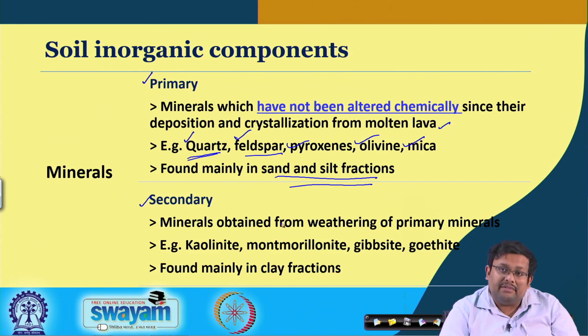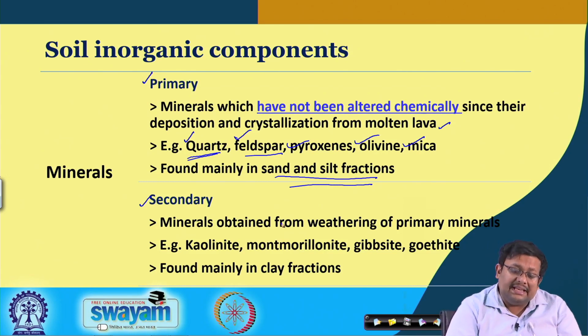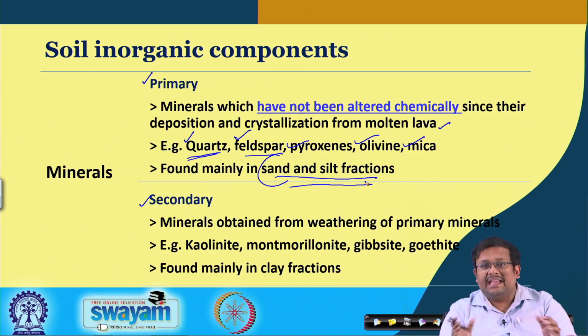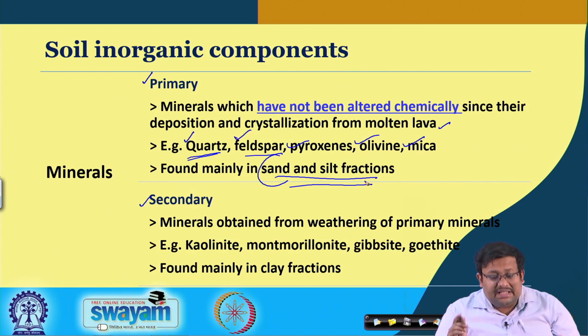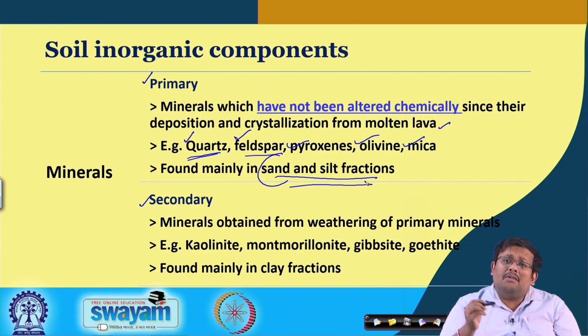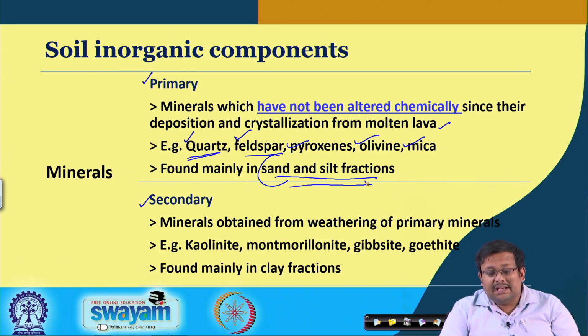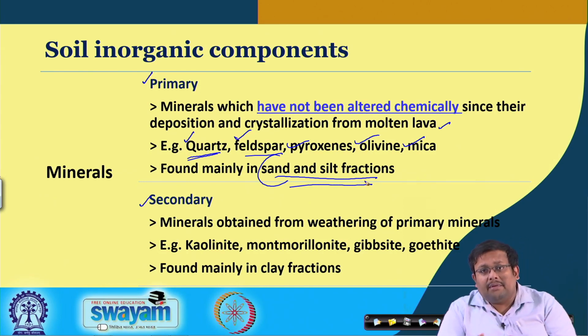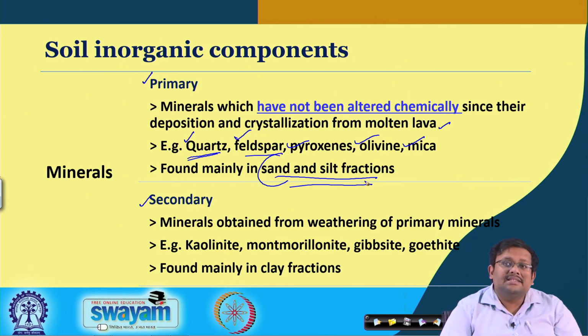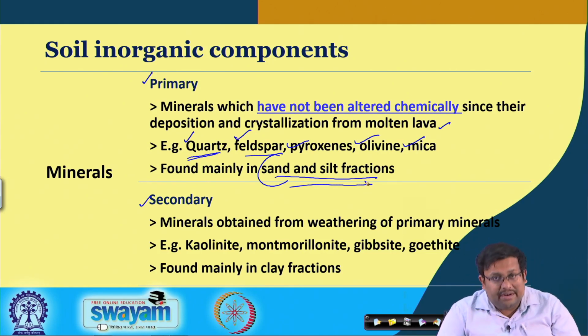So, these primary minerals basically compose the sand and silt fractions, which form the skeleton of the soil, and the sand and silt fractions are chemically non-reactive or inactive. Now, when this primary mineral, due to different types of chemical processes and other processes, changes its chemical structure, then it is called a secondary mineral.